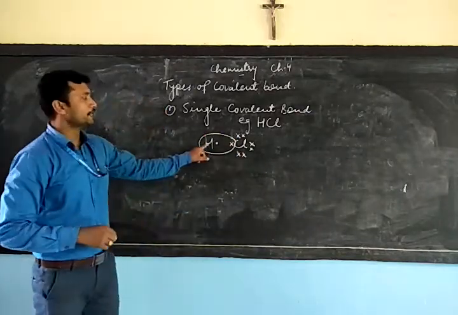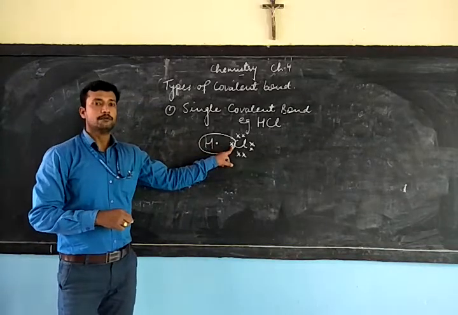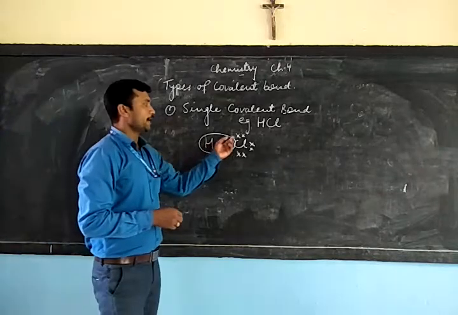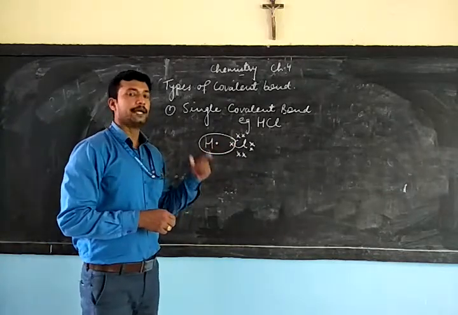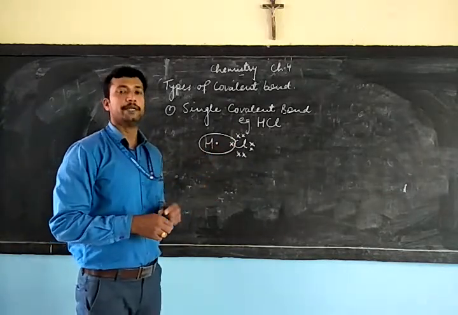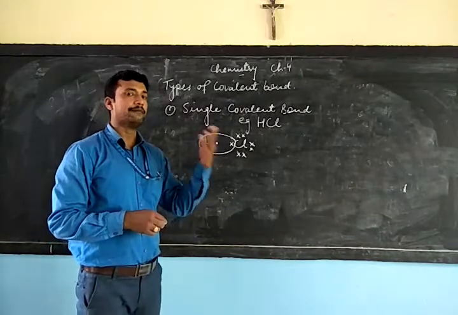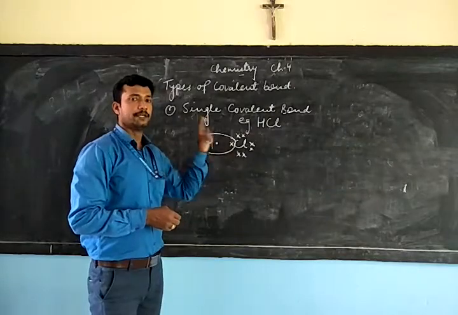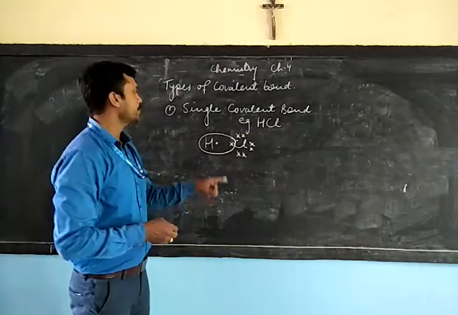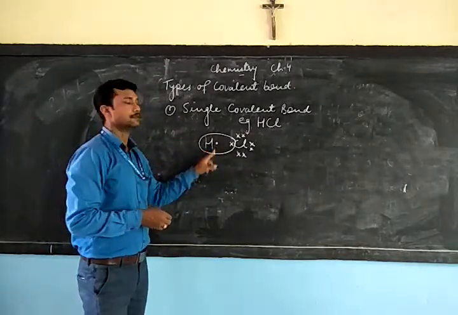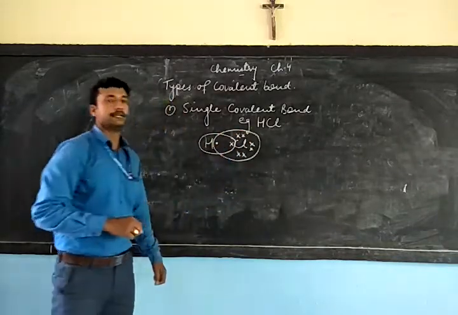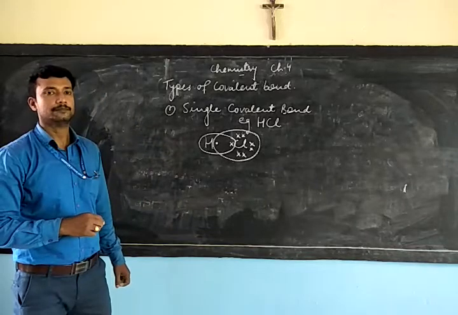Now you can see hydrogen has 2 electrons with it, which has made hydrogen stable. Similarly, chlorine has 7 and it can become stable after completing its octet, that is with 8 electrons in the last orbit. So 7 it already has, it needs 1 more electron which will be taken from hydrogen. So 7 plus 1, it also makes 8 electrons for chlorine atom.